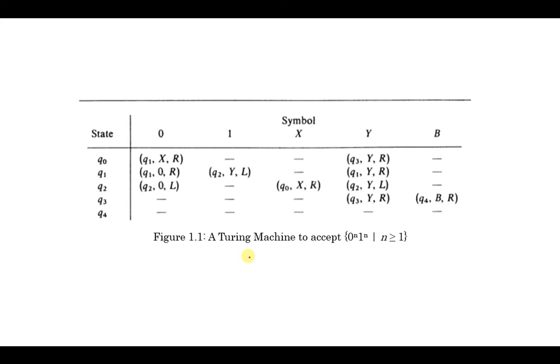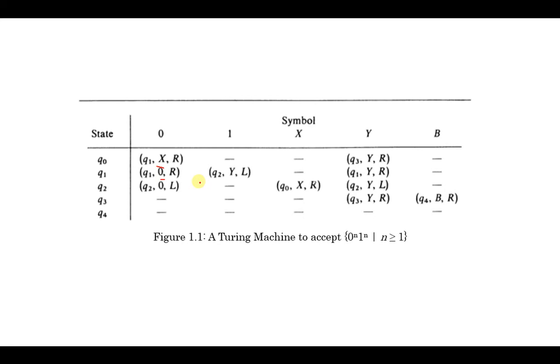That is, there will be some zeros that have been changed to x, followed by some zeros that have not yet been changed. Then there are some ones that were changed to y's and ones that have not yet been changed to y's. There may or may not be some zeros and ones following, or vice versa.